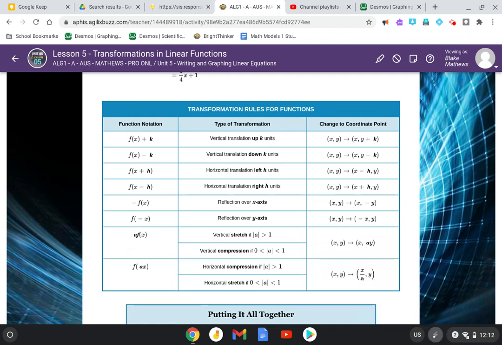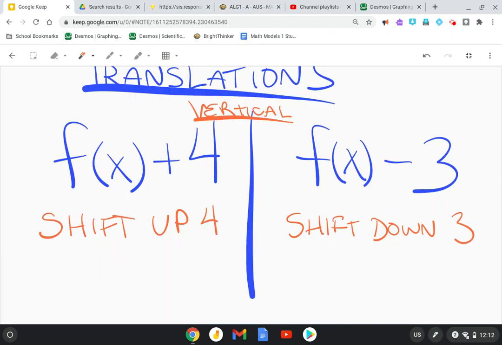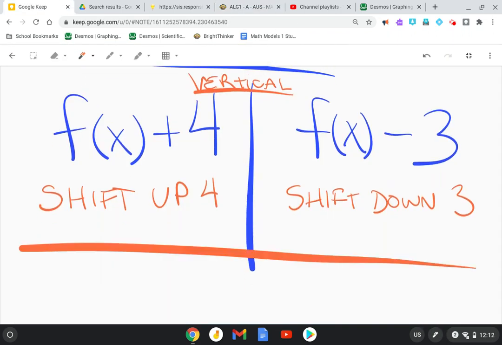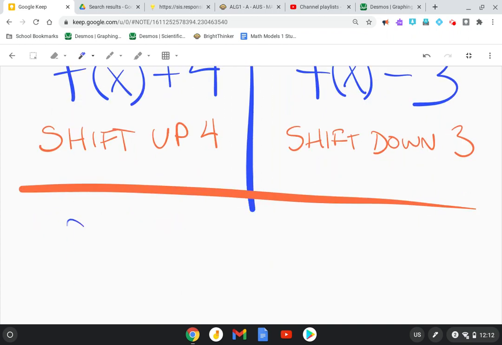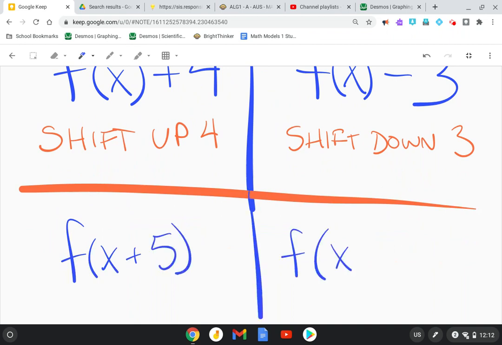Okay, so what about adding a number just to the x? Well, let's draw a line here, and let's say, what about when I do x plus a number inside here, or f of x minus a number inside there?